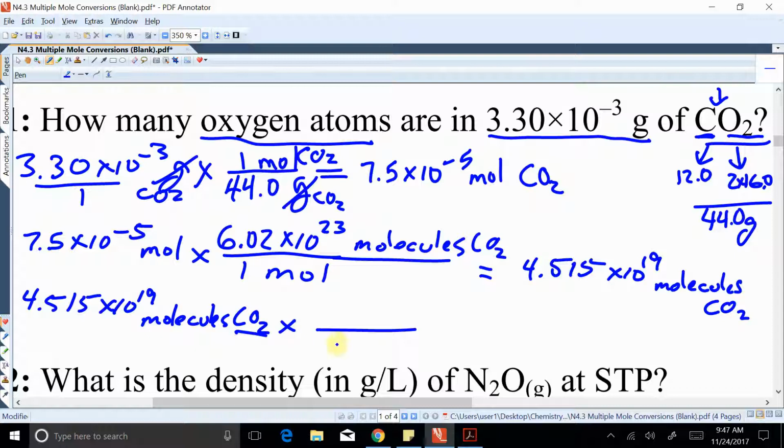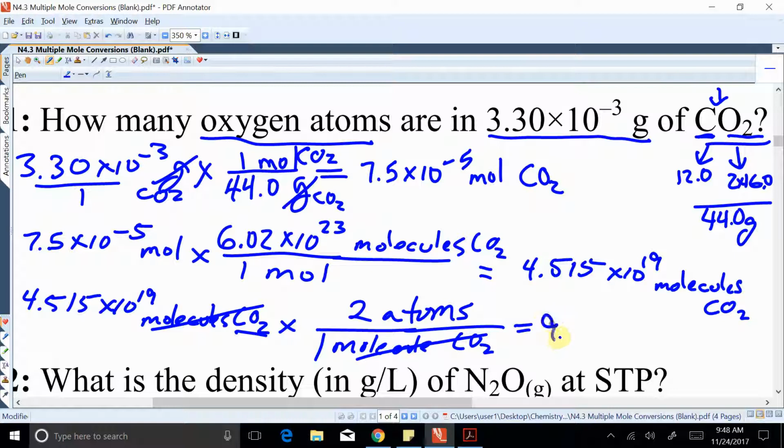So we want to get rid of molecules of carbon dioxide, molecules of CO2, 1 on the top, 1 on the bottom, and the number of oxygen atoms in one molecule is going to be 2 atoms. And this is what I've ended up with.